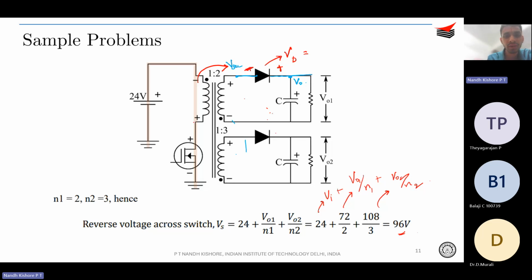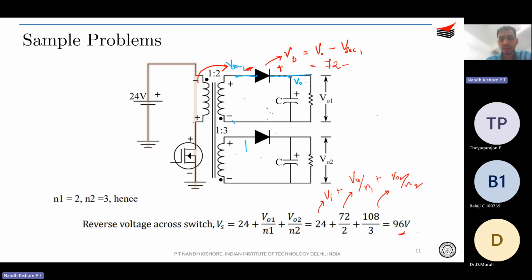Correct? This is your V secondary 1, let me call it. So you understand that the diode voltage is actually what? Diode voltage is going to be V0 minus V secondary 1, correct? Simply the voltage across the cathode to anode is going to be V0 minus V secondary 1.